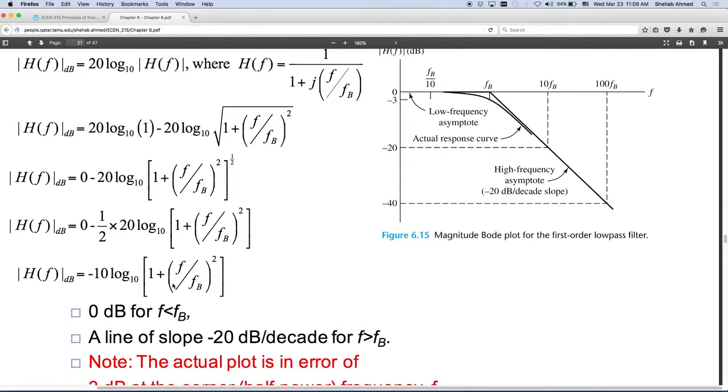Nobody has a calculator? 0.3? Yeah, so log base 10 of 2 is 0.3. 0.3 multiplied by 10 is 3, so minus 3, right? So you see here that the magnitude will be about minus 3 dB at FB, right? So we just substituted the numbers. Everybody's okay with this?